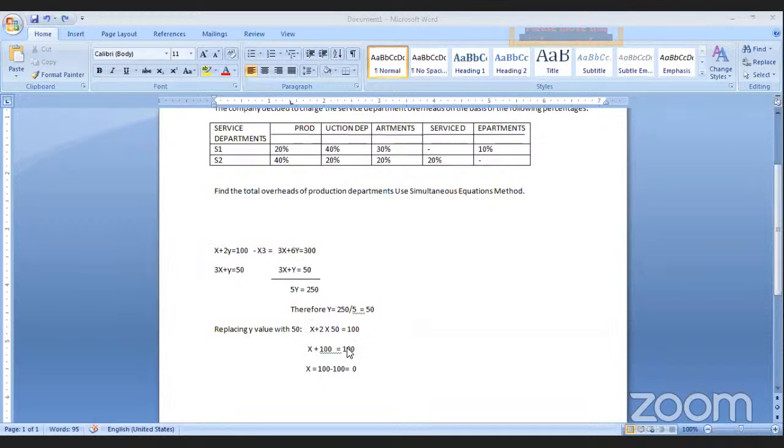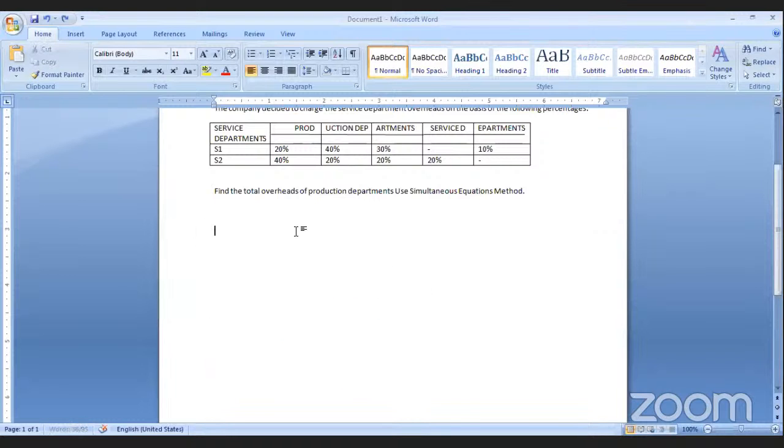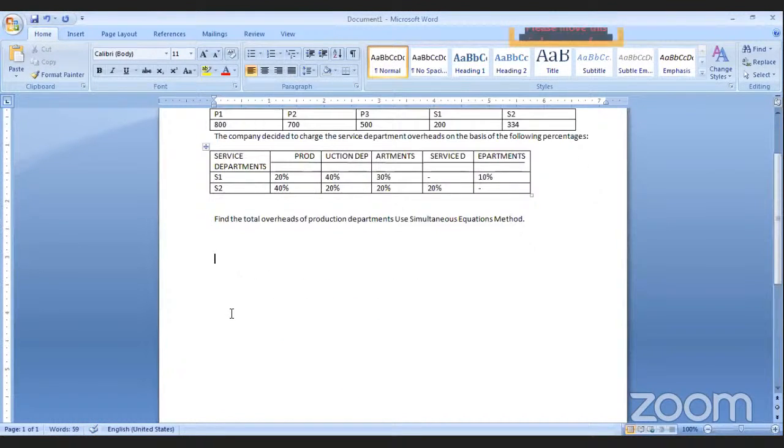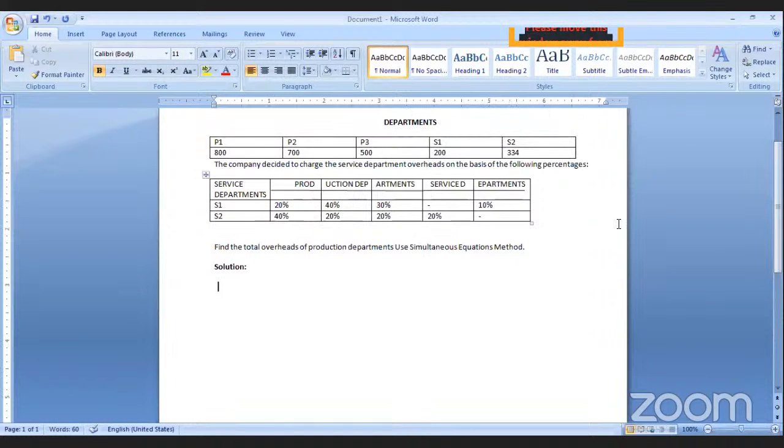We have noted this example. Okay, I am removing this example. Now, coming to the solution. How to solve this? Solution. First of all, in order to solve this problem, what we have to think is, whatever these are there, 10%, 20% service departments are there.